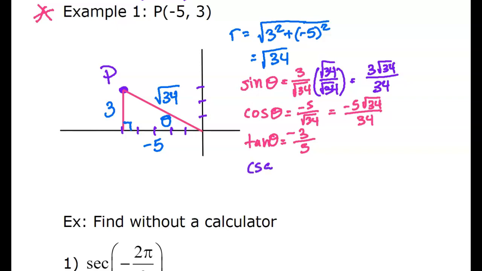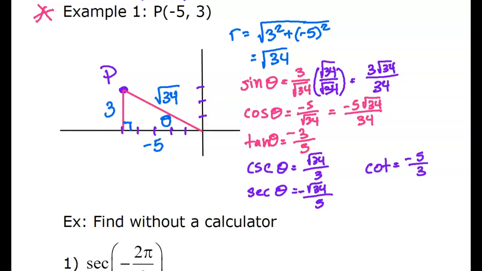So cosecant of theta is the square root of 34 over 3. Secant of theta is the square root of 34 over 5, and it's negative in total. And cotangent of theta is negative. Why do I keep forgetting theta?